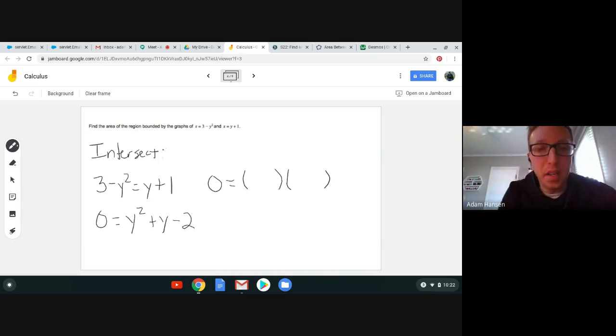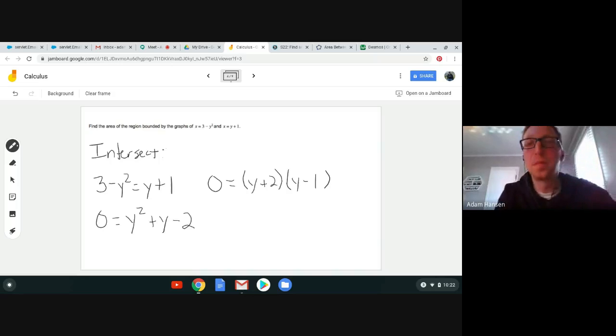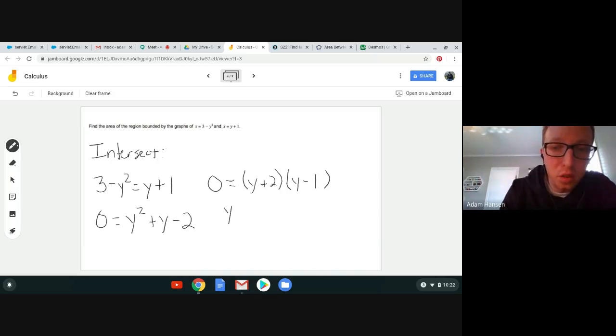What multiplies to negative 2 and adds up to 1? That should be 2 and negative 1. So this has solutions for when y plus 2 is equal to 0 and y minus 1 is equal to 0. So therefore y equals negative 2 and y equals positive 1.